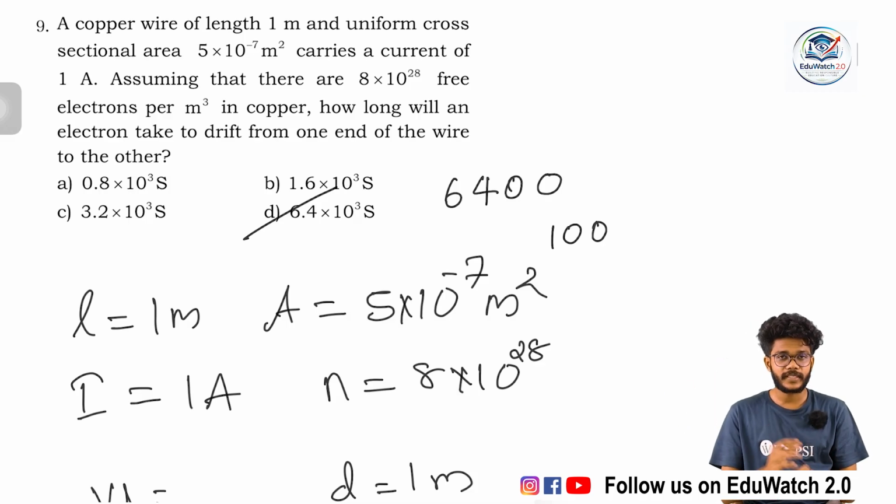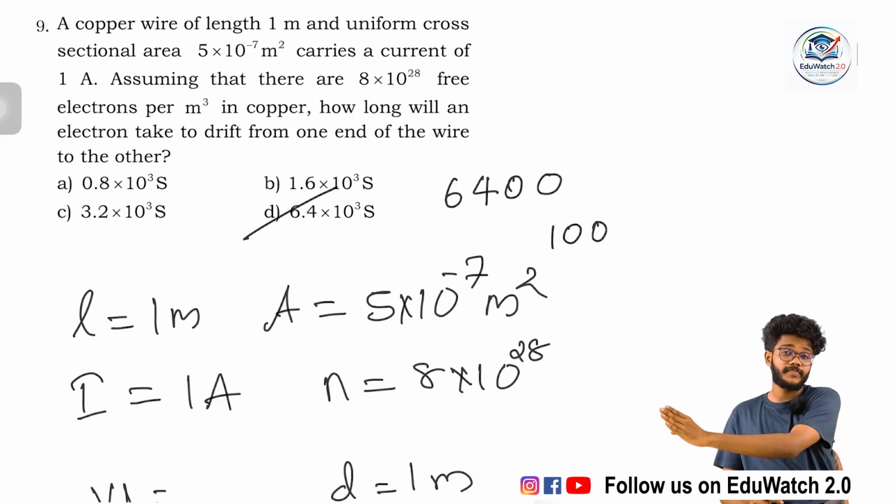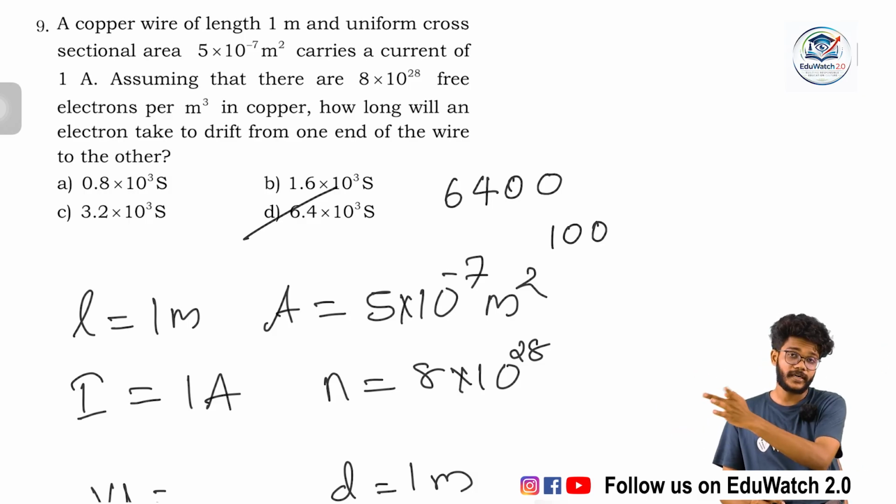It is an approximated value. Accurately, we can say that 6,400 seconds is taken by the electron to travel from one end point of this 1 meter length wire to the other.